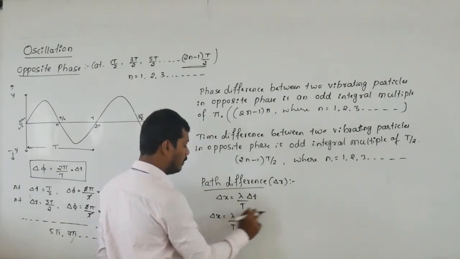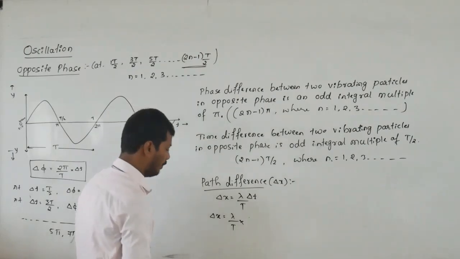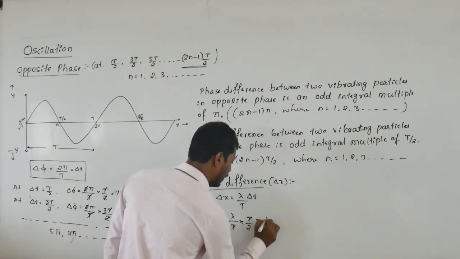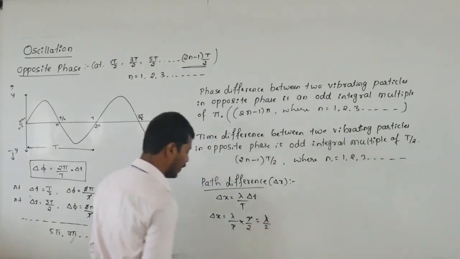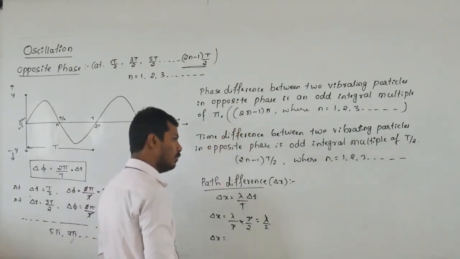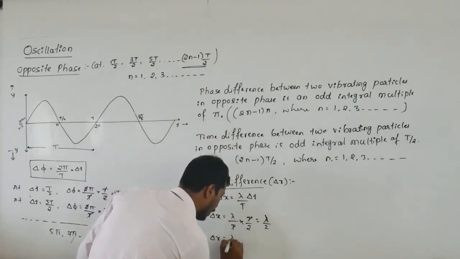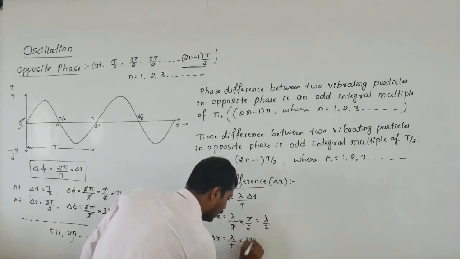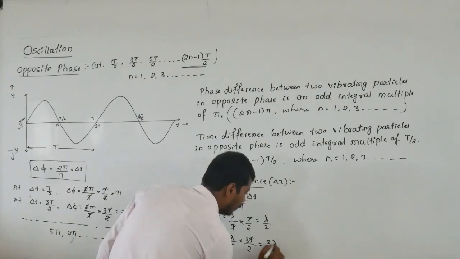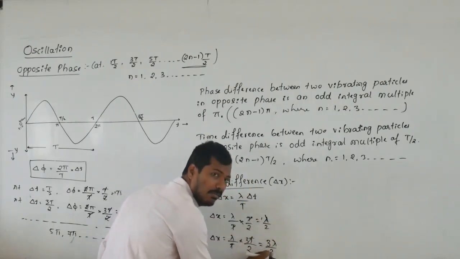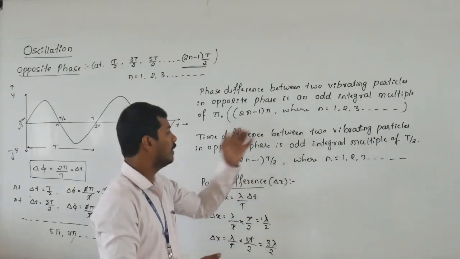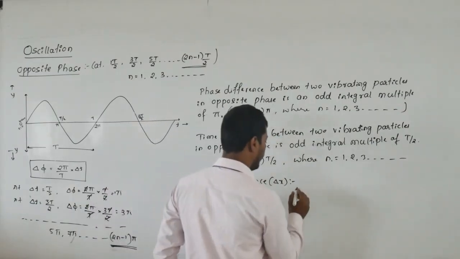T by 2 gets cancelled, it becomes lambda by 2. Second condition, delta t is 3T by 2: lambda divided by T into 3T divided by 2 becomes 3 lambda by 2. Again lambda by 2, 3 lambda by 2, 5 lambda by 2, again an odd integral multiple.